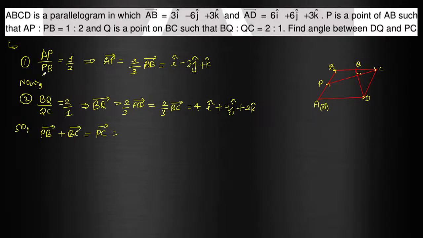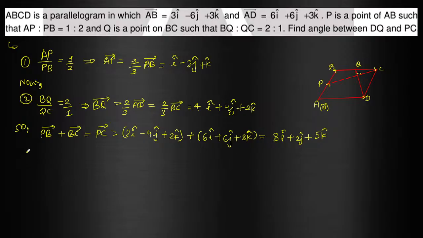If AP is 1 by 3, PB is 2 by 3. So 2I cap, 4J cap, 2K cap. BC vector is what? BC vector is equal to AD vector. We can say 6I cap, 6J cap, 3K cap. This is 8I cap, 2J cap, 5K cap.